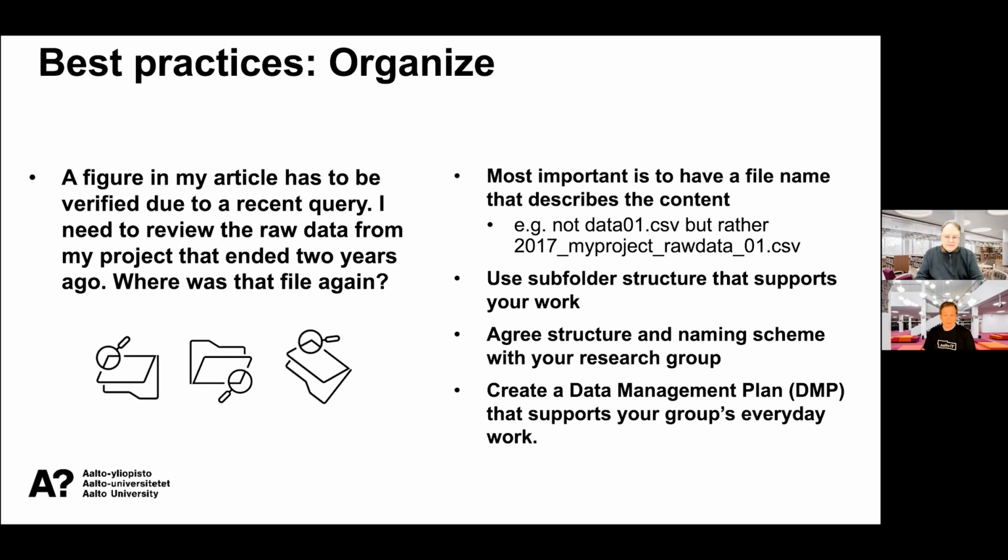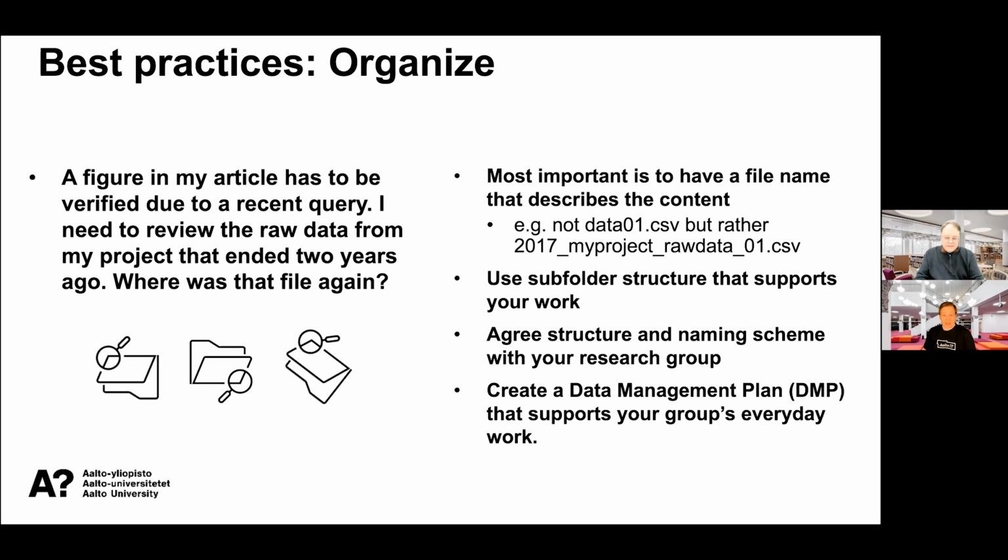And even better, if that's agreed with your group, then you can also locate a file from your team member. Perhaps the raw data was created or accessed by someone else in your team, so you can even find the file easily from another person's folder who may not even be in the group anymore.